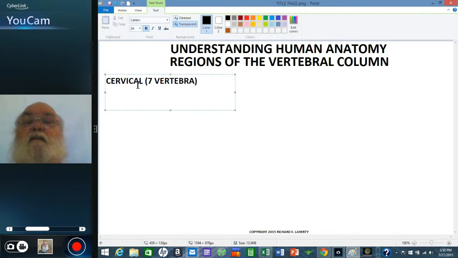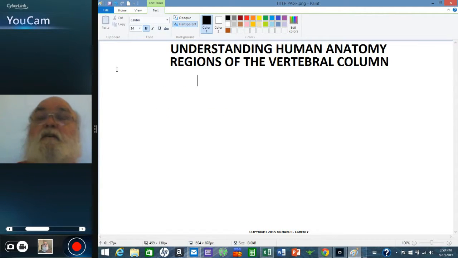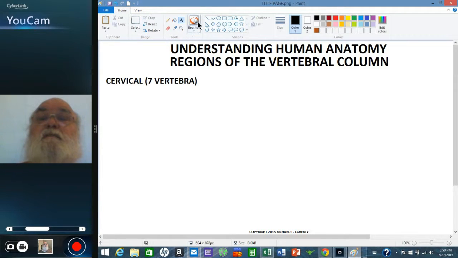Now, I'll sketch an outline of a cervical vertebra. And we'll find that the spine is forked, which is termed a bifid spine.